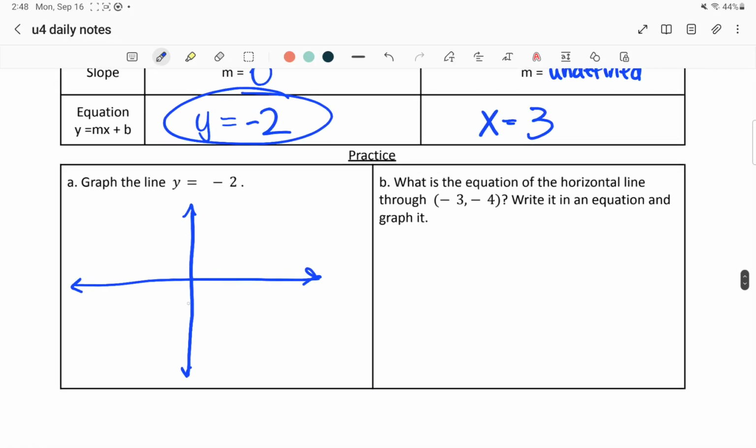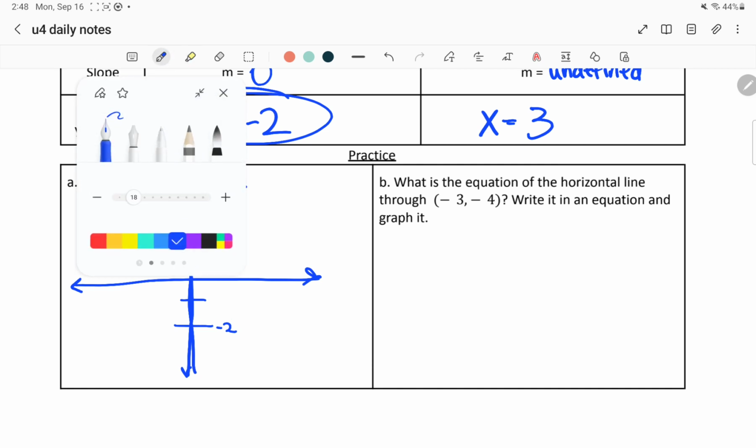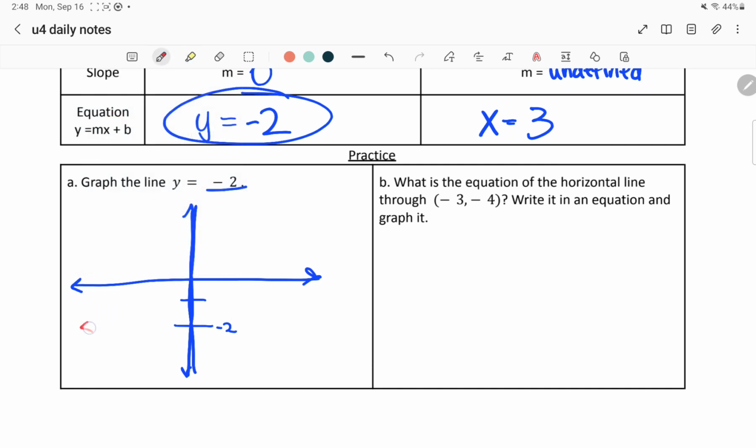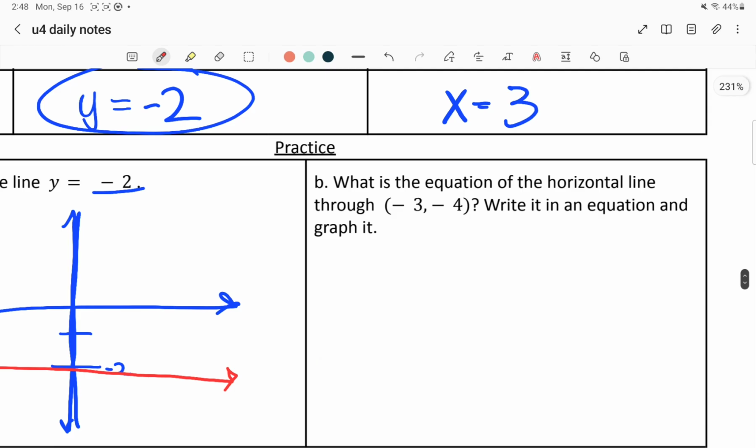So that means it's going to be along the y-axis. Okay? And it's going to be at -2. So I'm going to go down 1, 2, and there's my line.